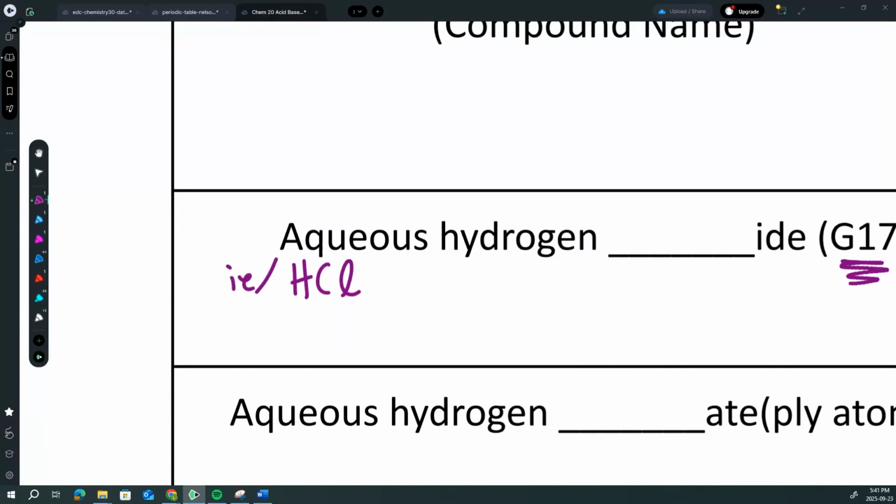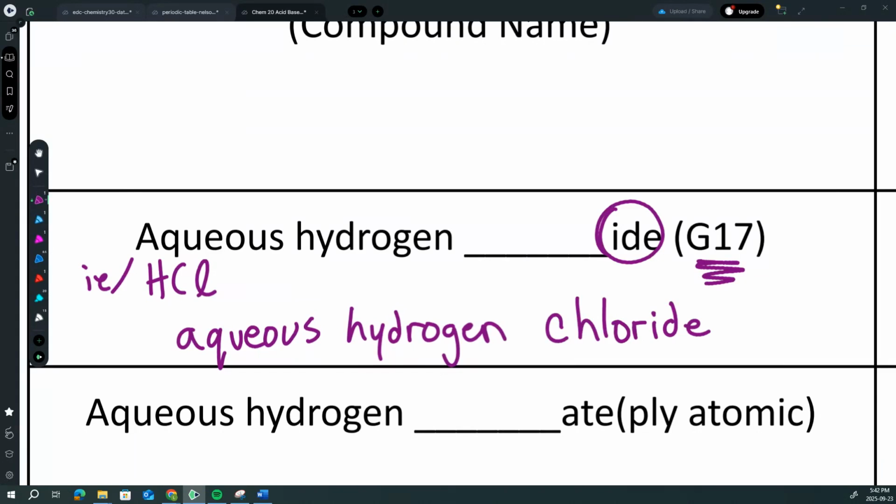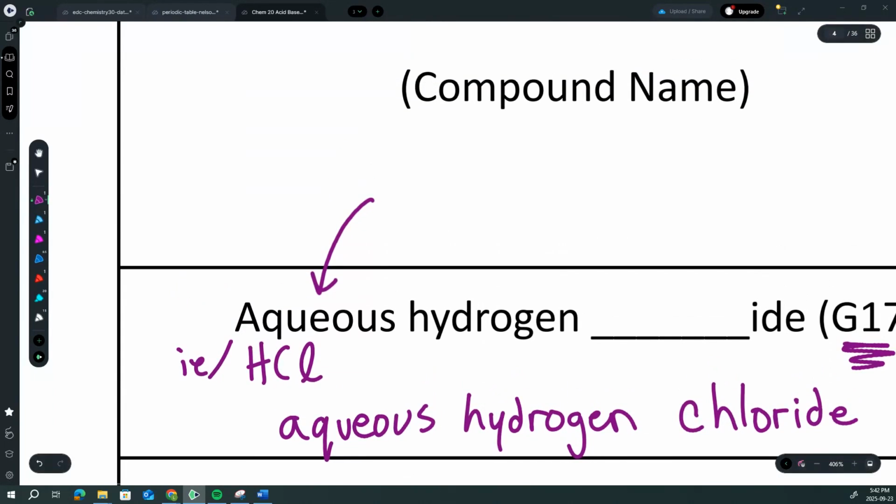Okay, so we would call this aqueous hydrogen chloride if we were using the IUPAC naming system. So again, we're keeping the ending as IDE like we would normally do if we're trying to represent a non-metal ion. I'm also going to add in here that this is for compounds that have hydrogen with only one other element.